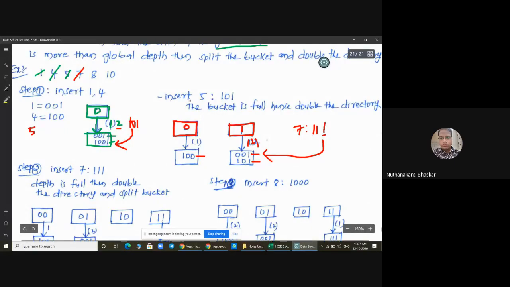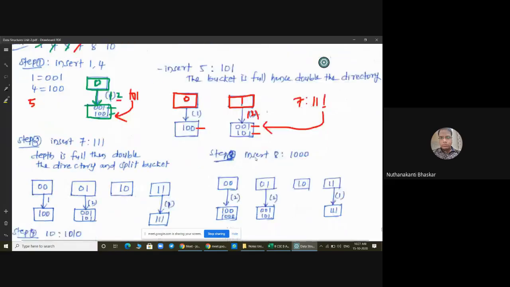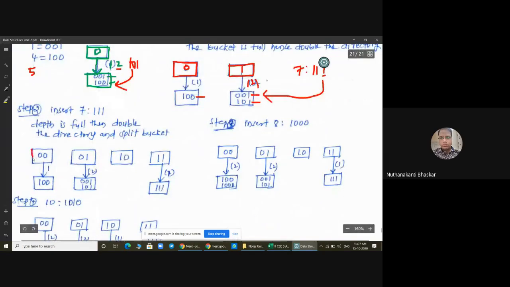Every bucket has a fixed size of only 2 elements, but here bucket 1 has already reached its capacity. So we have to extend the buckets.